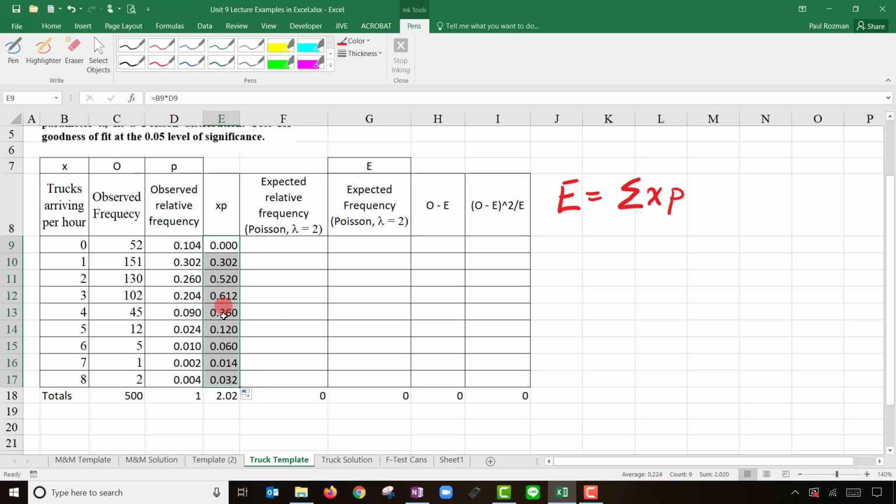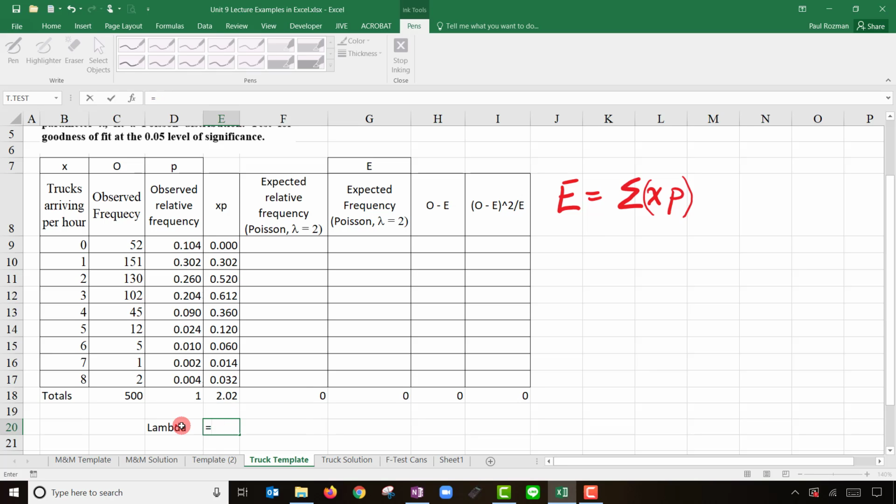When I add all these together, that's my mean. That's the expected value. I probably should have been clearer here and put brackets. It's the sum of the x's times p's. So our lambda ends up just being this value in cell E18.